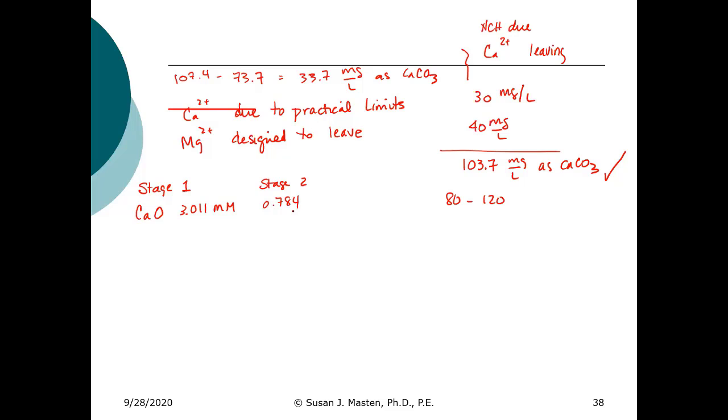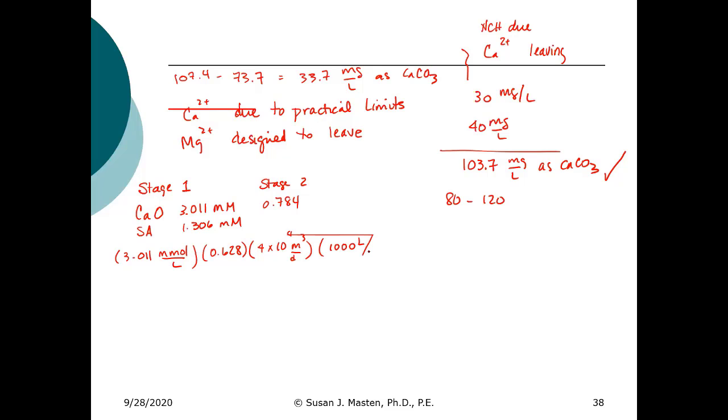The volumes are different, so we need to look at these separately. And then for soda ash, we have 1.306 millimoles. So in stage 1, we have 3.011 millimoles per liter times 0.628 times Q. Remember, we're bypassing a portion of the flow.